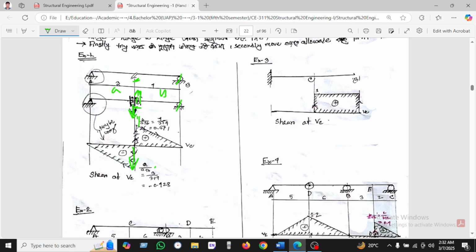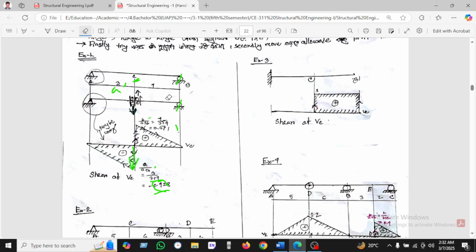So this means 3 divided by 3 plus 4, which is 0.424. And if we calculate b divided by a plus b, it will be 0.575. So if we deduct 1 minus 0.424, then it will be 0.57. Okay, so let's see how we will calculate this.